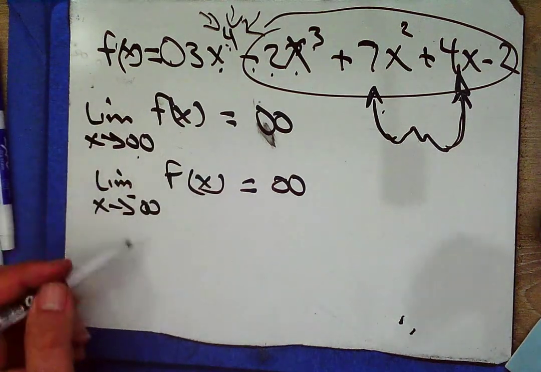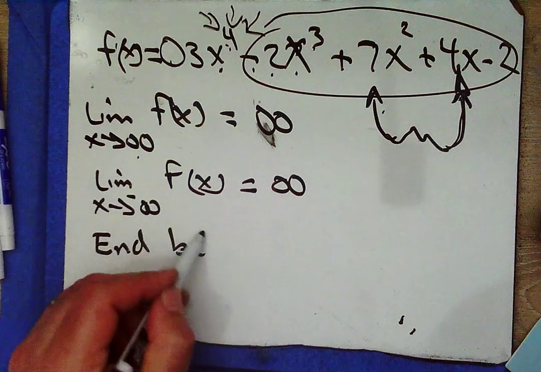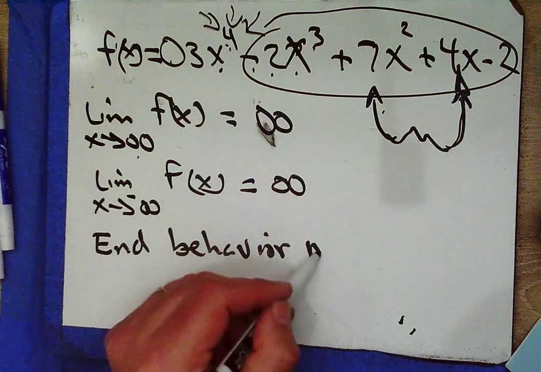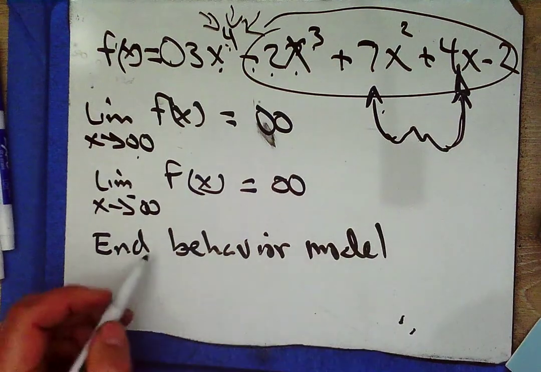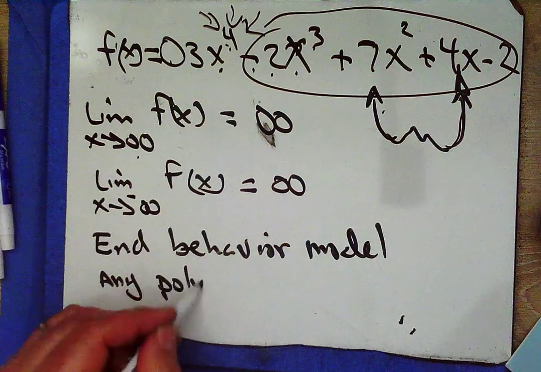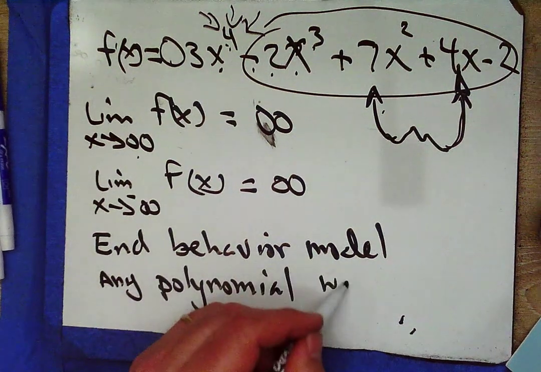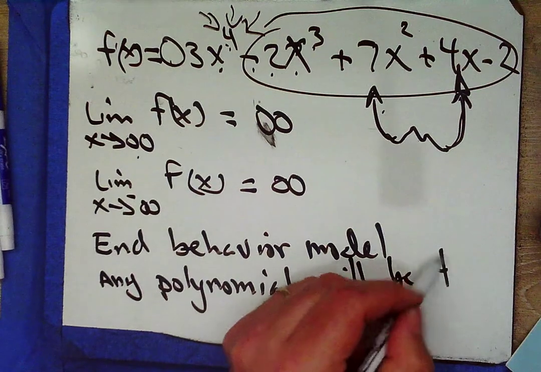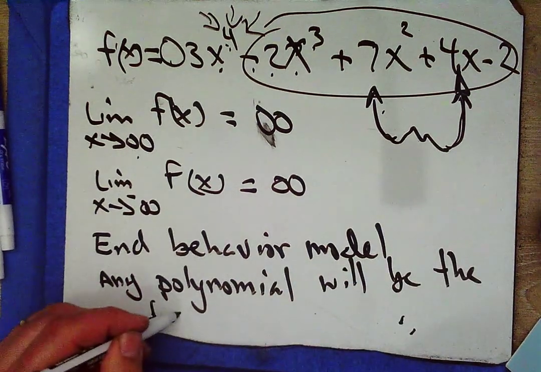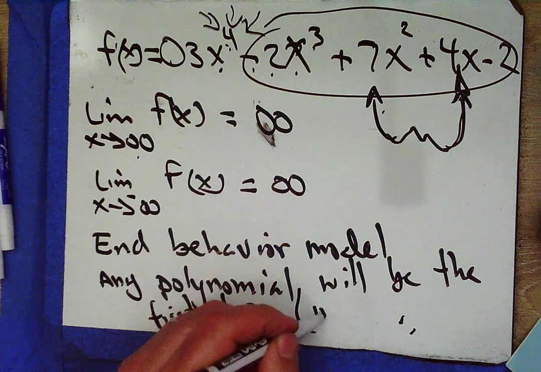In fact, we can say the end behavior model for any polynomial will be the first term if we're in standard form.